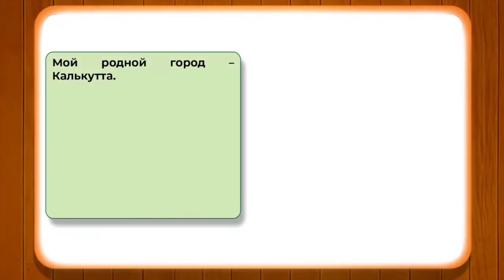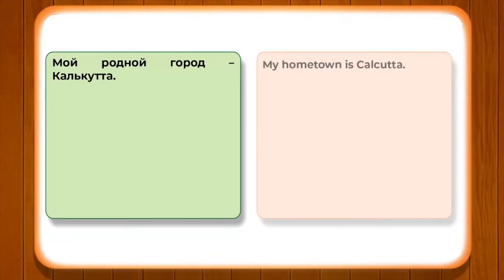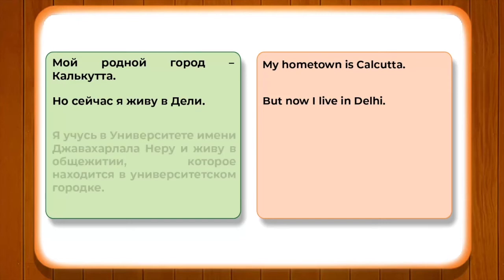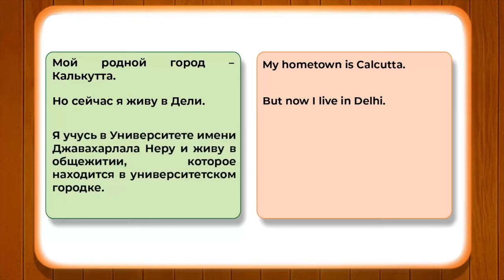Мой родной город Калкутта. My native city is Calcutta. Но сейчас я живу в Delhi. But right now I live in Delhi. Я учусь в университете имени Jawaharlal Nehru, и живу в общежитии.